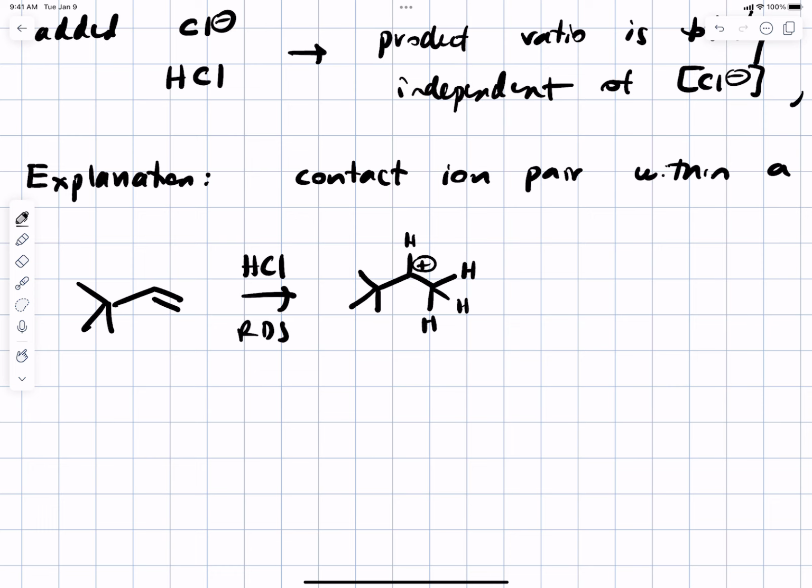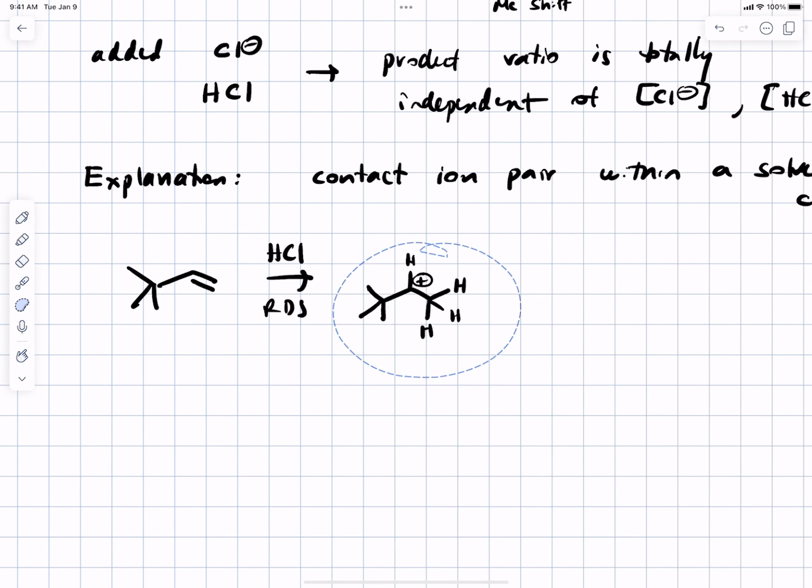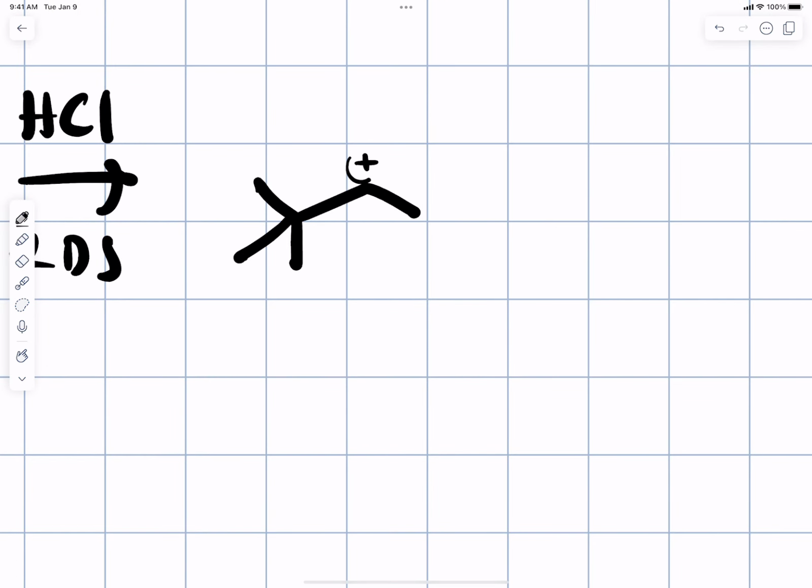But in reality, what happens is before you get to this intermediate that's fully solvated and the carbocation is off at sort of infinite distance, I'm going to get rid of the hydrogens to simplify my drawing, but we're going to keep the positive charge in the right spot.